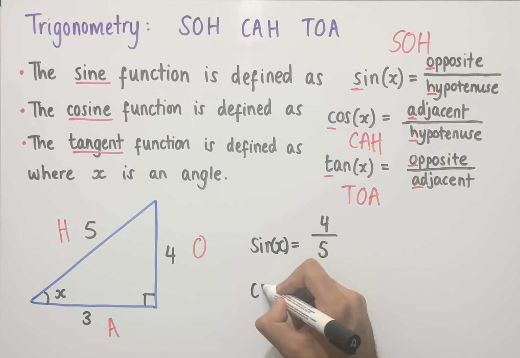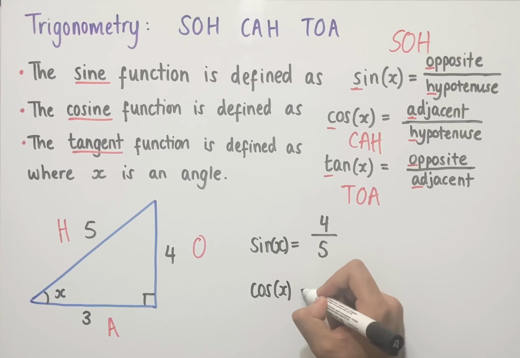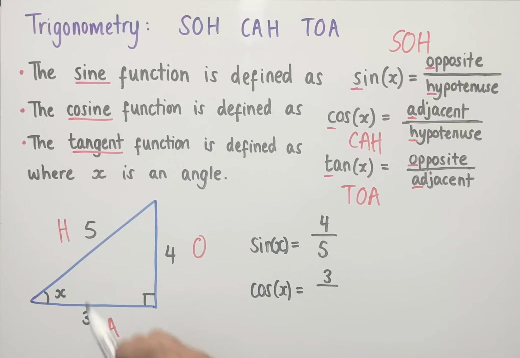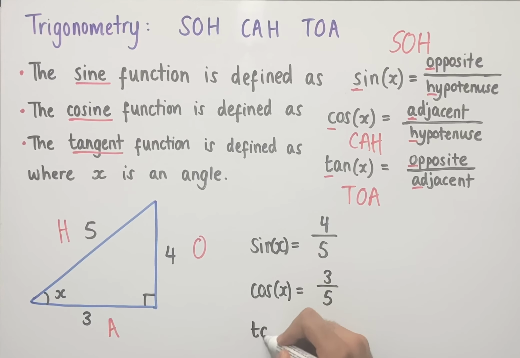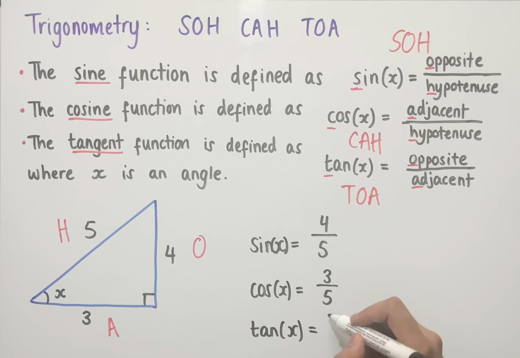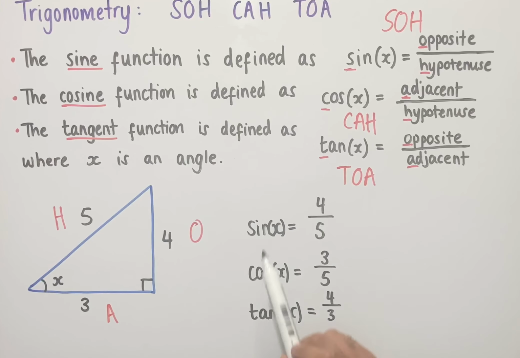So for cos x, we have the adjacent side, which is 3, over the hypotenuse, which is 5. And then finally for tan x, we have the opposite side, which is 4, over the adjacent side, which is 3. Since x is the same in all three equations, if we solve any of these, we should get the value of our angle here. And each of these equations solved should produce the same answer.